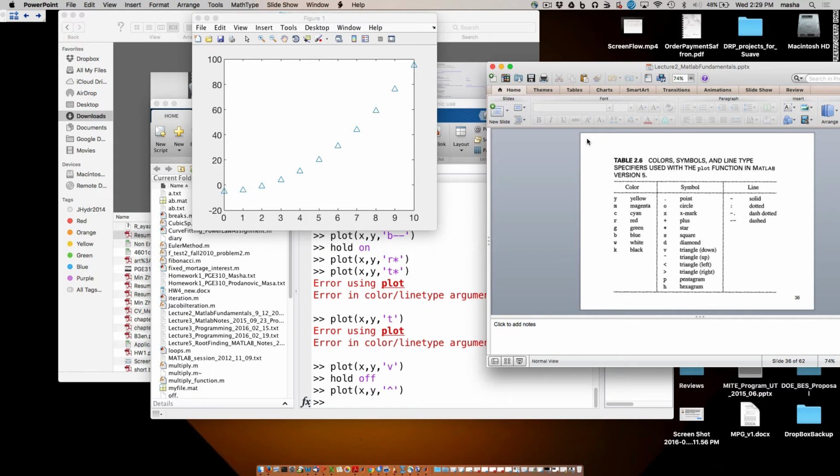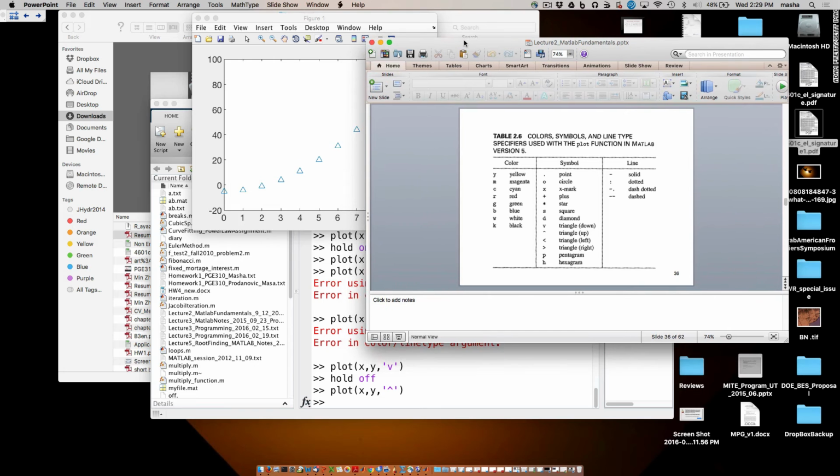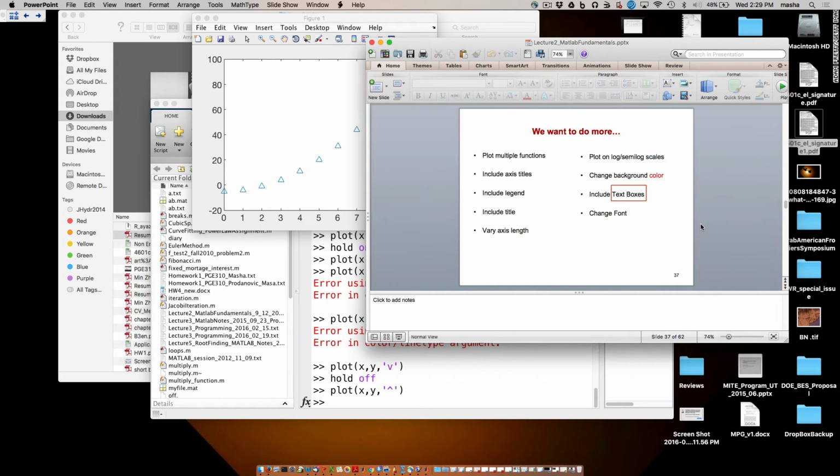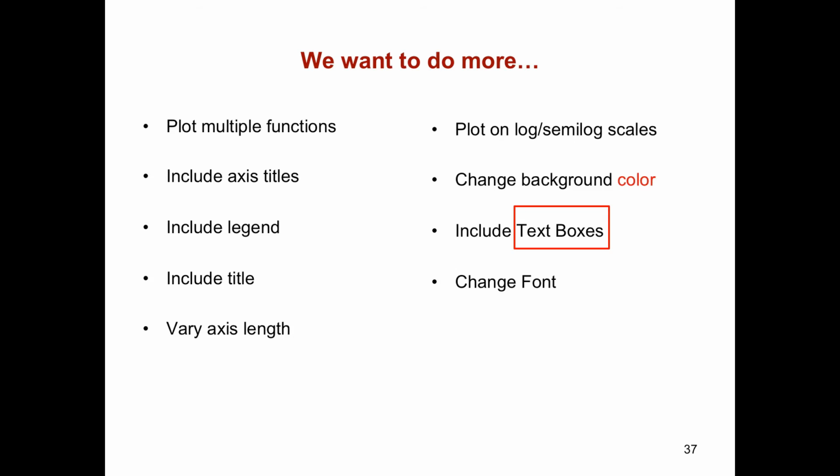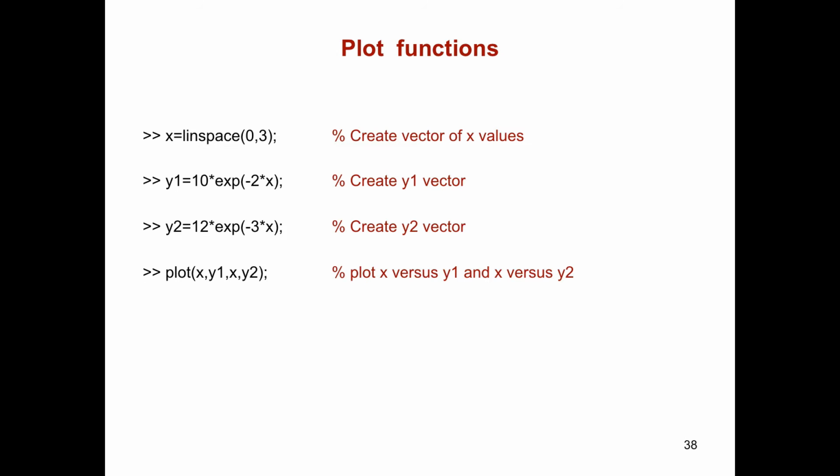All right. Now let's keep moving, and let's do something with the axes as well and do something a little more complicated. I would like to plot multiple functions, include titles, legends, and all that stuff. So let's create these four.